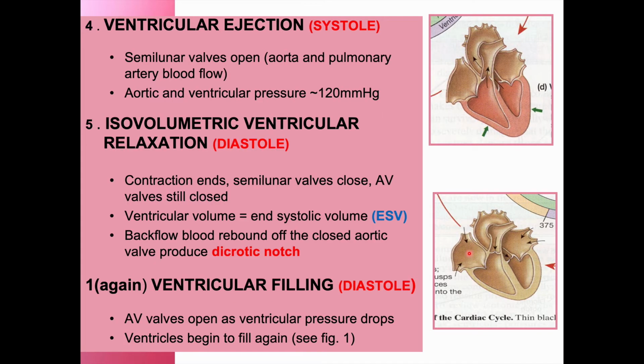Okay. So during this time the ventricular ejection is taken. The ventricle will eject the blood that is present here, and the semilunar valve will open, and aortic and ventricular pressure is going to 120 millimeter of mercury. So this is the systolic pressure. So whenever you record this blood pressure, you will record by systole by diastole.